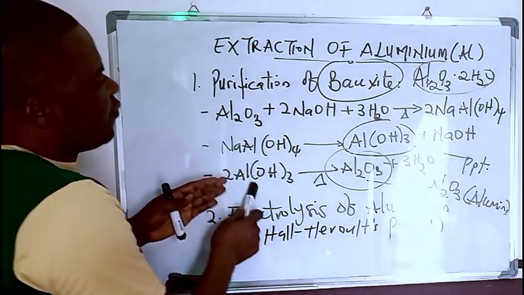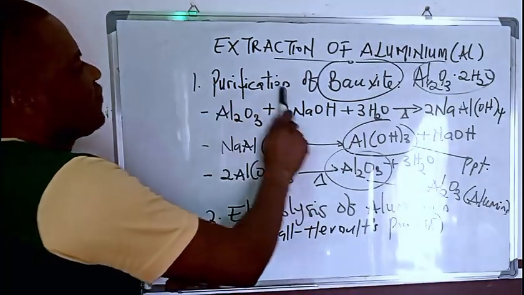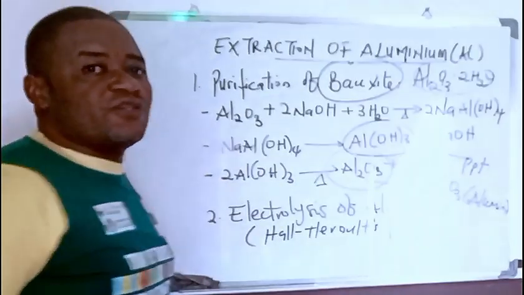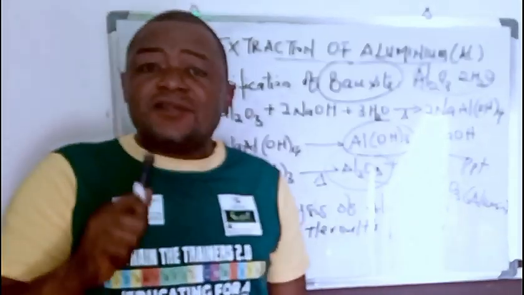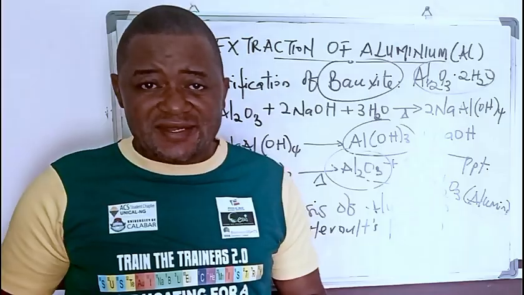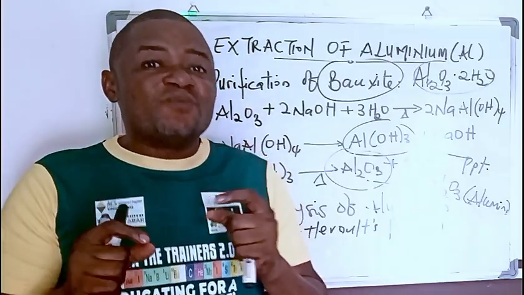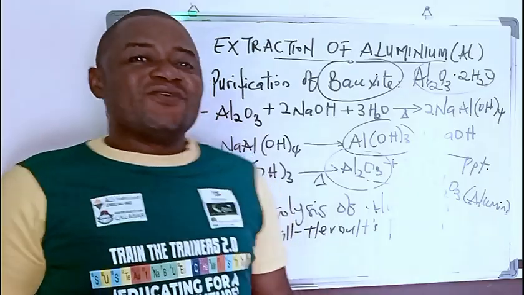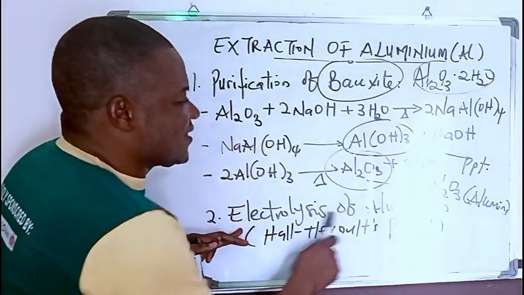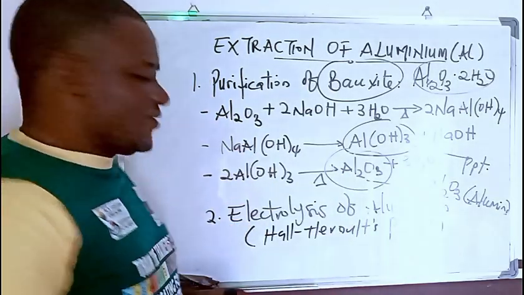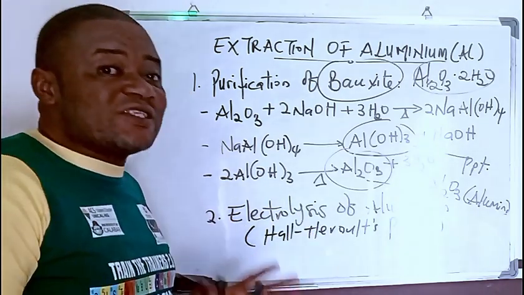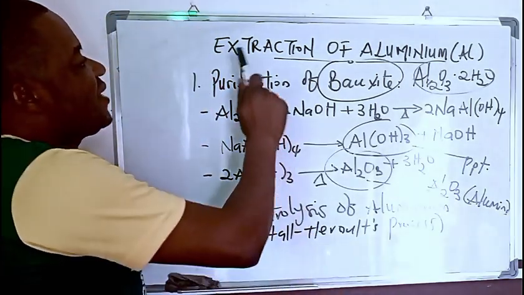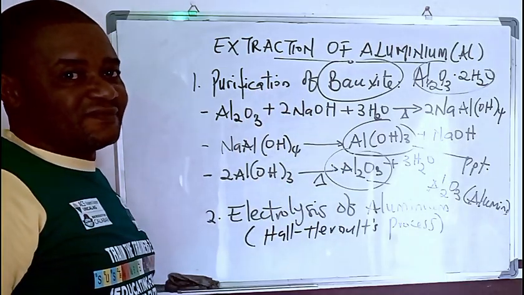Now this first process of purification of bauxite will leave you with alumina, that's aluminum oxide. You are not extracting aluminum oxide, you are rather extracting aluminum metal. So for you to obtain aluminum metal, you now make use of the electrolysis of alumina. The electrolytic process makes use of the alumina obtained from the purification of bauxite.